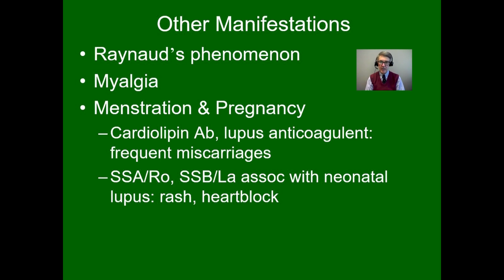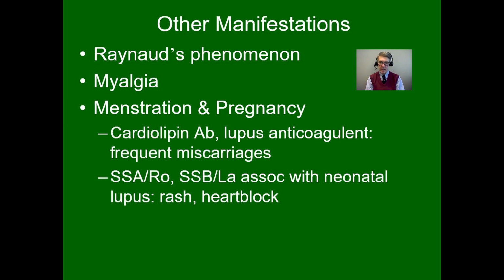There's a large body of literature written discussing what happens to the patients during pregnancy, what things to watch for, etc. The cardiolipin antibodies and lupus anticoagulants can be associated with frequent miscarriages, and so we want to know if patients have those going into pregnancy.